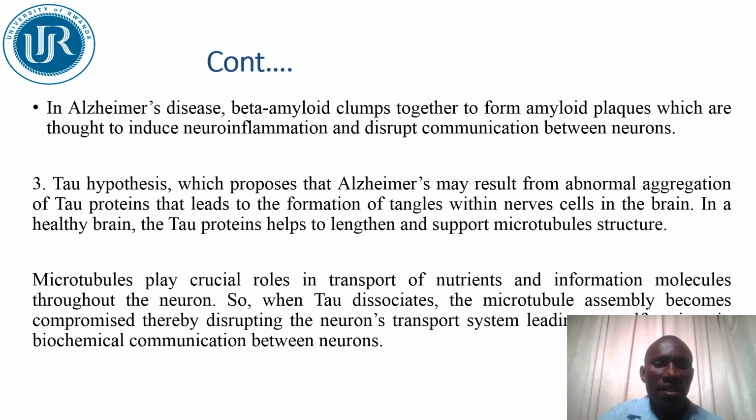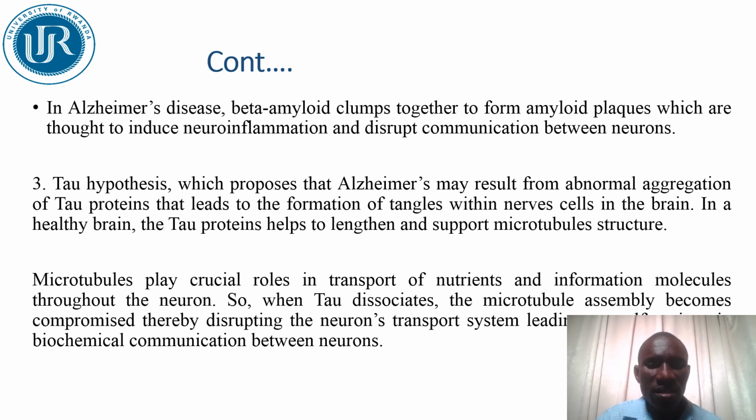In Alzheimer's disease, beta amyloid clumps together to form amyloid plaques, which are thought to induce what is called neuroinflammation and disrupt communication between neurons.